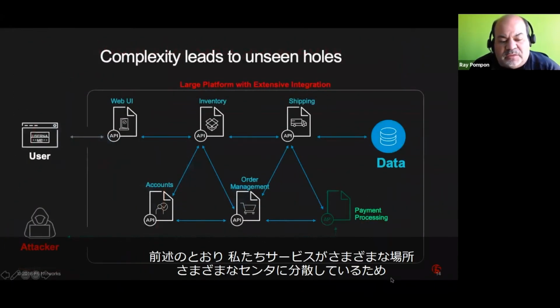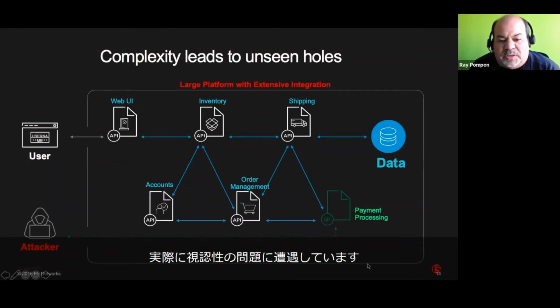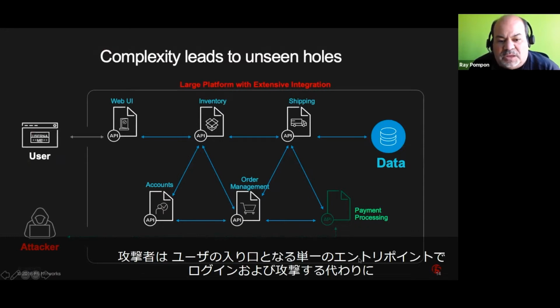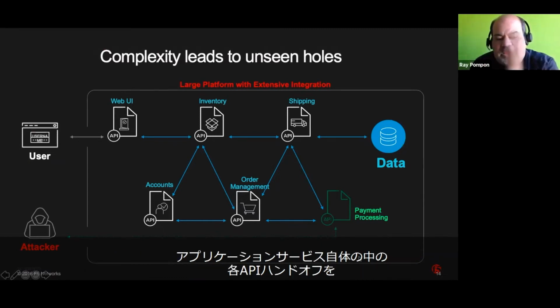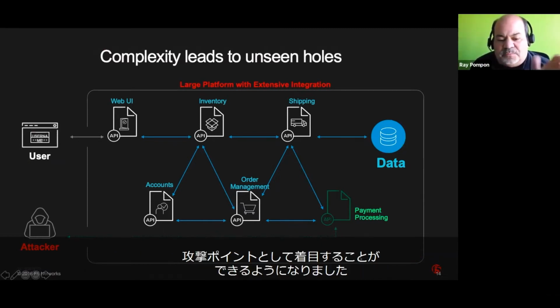Well, as we spread out our services around different locations and different centers, we run into a problem of visibility, and attackers know this. Instead of just logging in and attacking the single point of entry where a user would come in, they can look at each single API handoff within the application service itself as an attack point.